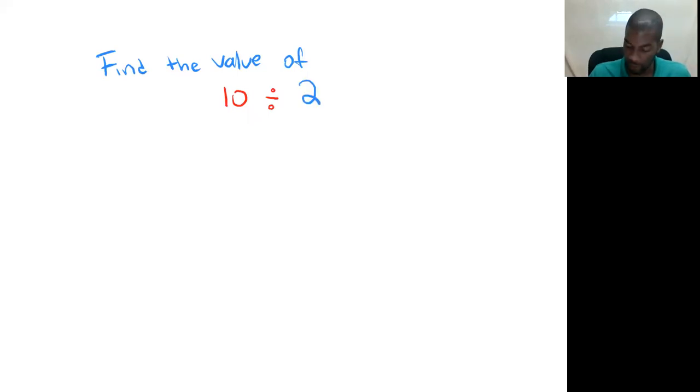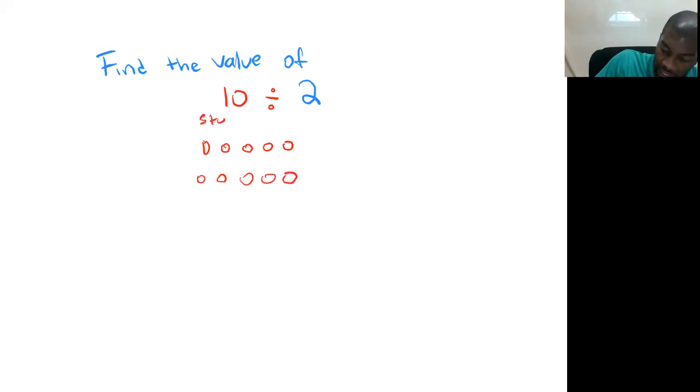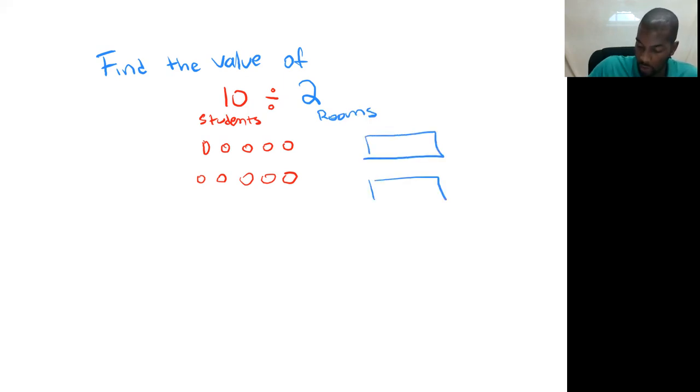So for example, let's say these are 10 students. 1, 2, 3, 4, 5, 6, 7, 8, 9, 10. If I had 10 students divided into 2 rooms, and here are the rooms. Here's room number 1, and here's room number 2. How many would be in each room?